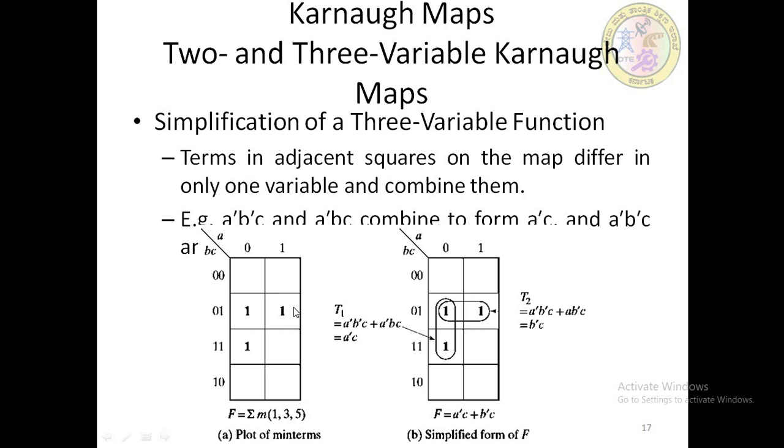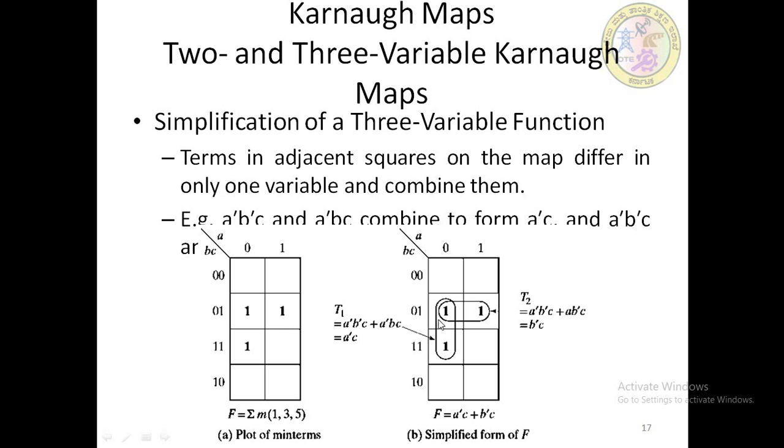one question might be running in your mind: is there any possibility that a number can be grouped more than one time? Yes, we have an option of doing that.